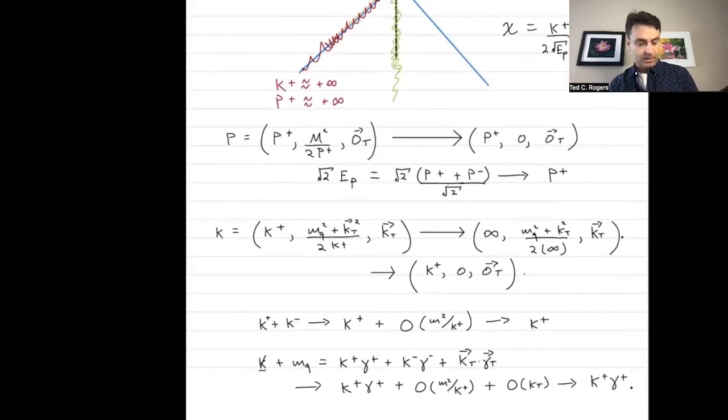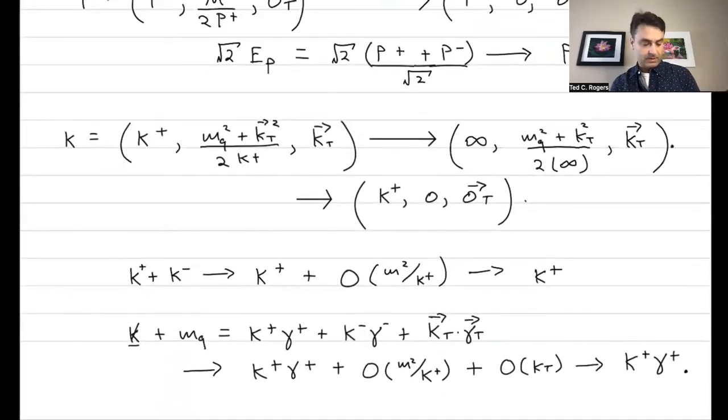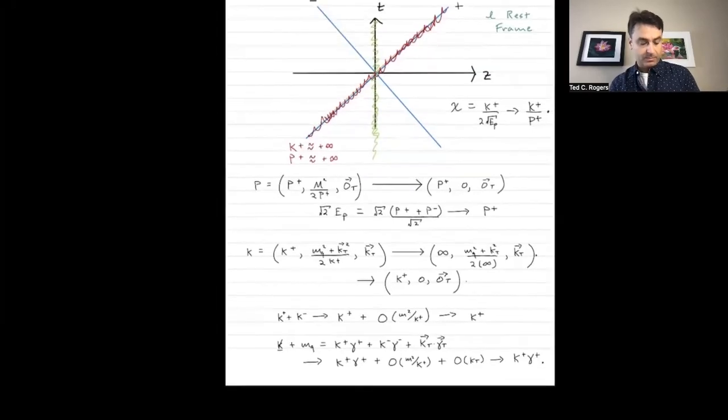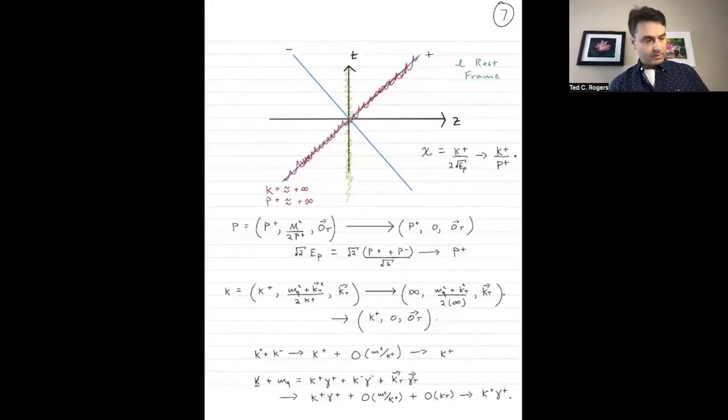Okay, it's K plus gamma plus, K minus gamma minus, and K perp gamma T. And again, it's the K plus that dominates completely over the other terms in this expansion. Okay, so I can just keep the K plus gamma plus. So we can make these substitutions inside of our definition to get basically our final definition for parton density.